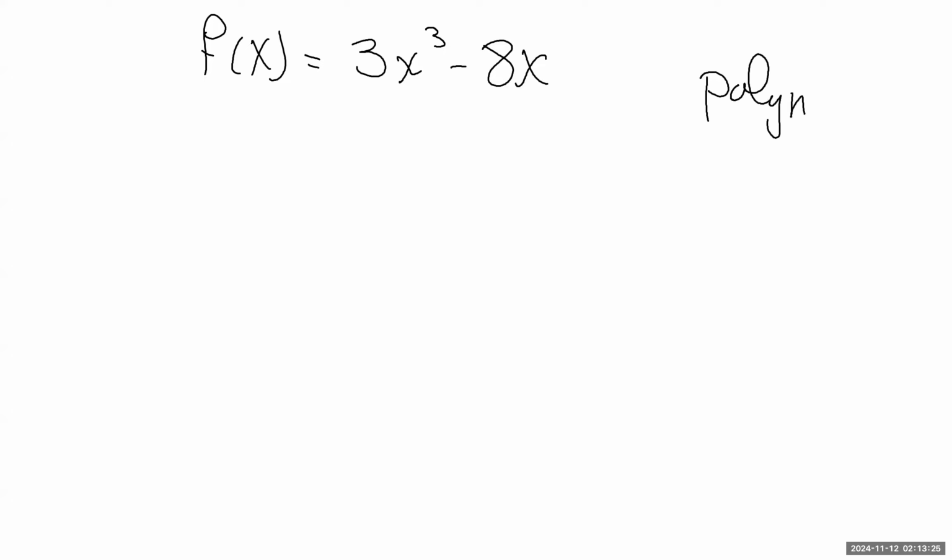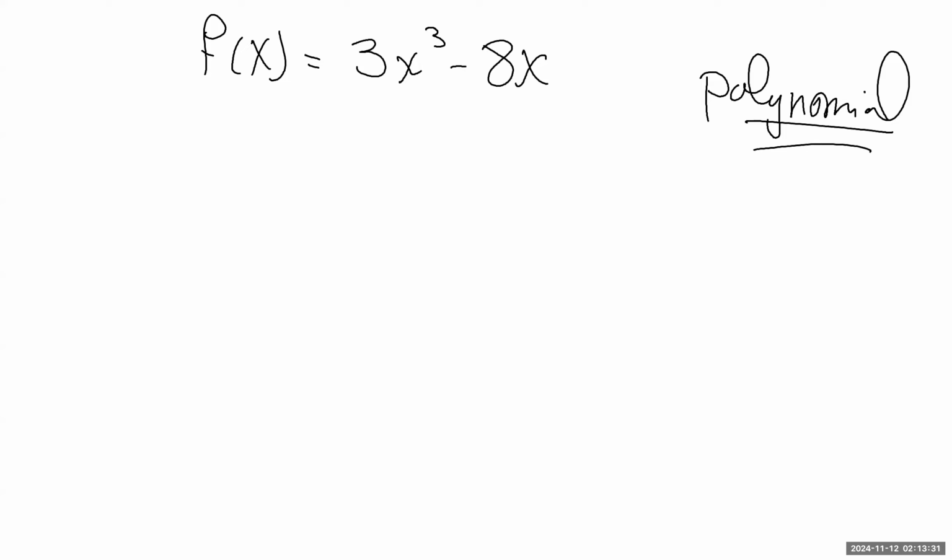Now going to here, if we have f of x, this one is going to be a polynomial. What does it mean by polynomial? Do you know what it means? No, can you tell me?